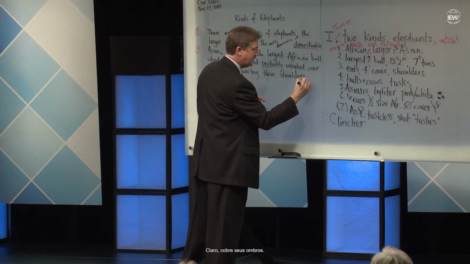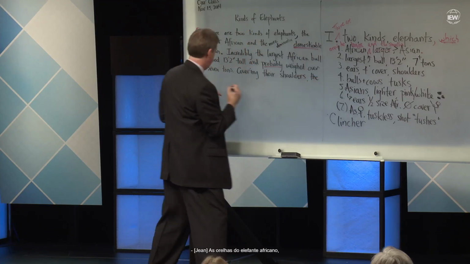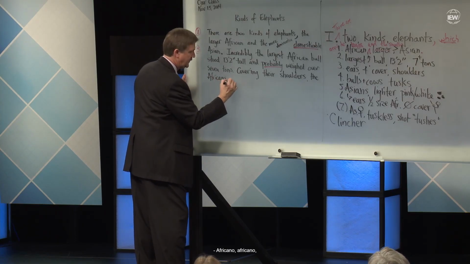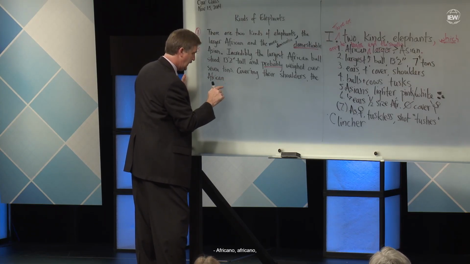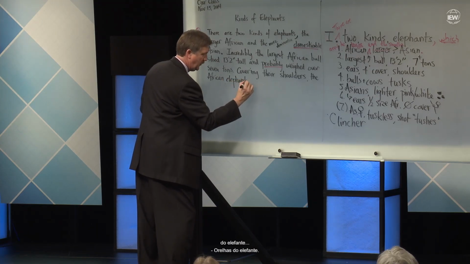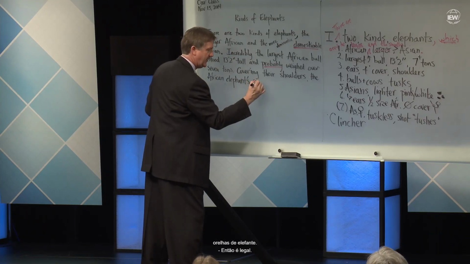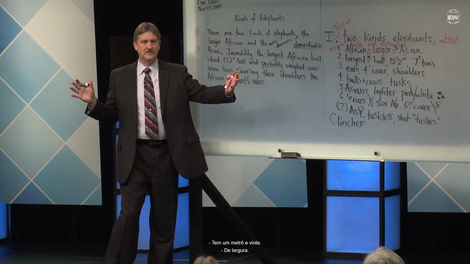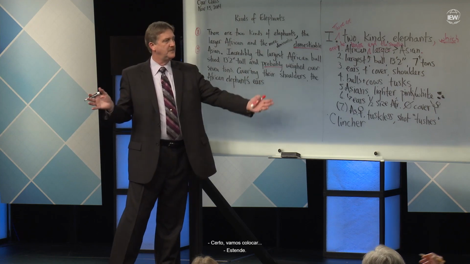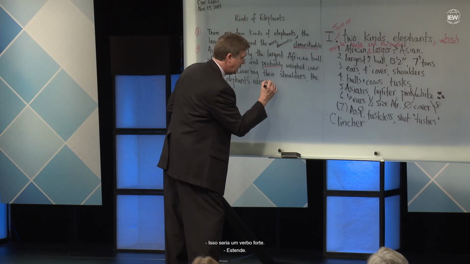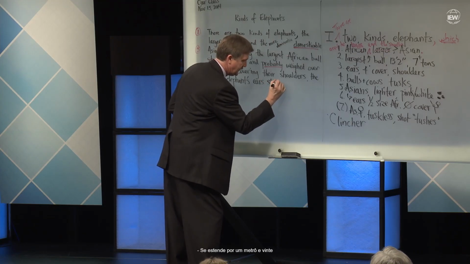Okay, covering their shoulders, the African elephant's ears, so it still fits the ING. So possessive, elephant's ears. So it's legal. Yes. Are 4 feet wide. Okay. Span. Stretch. That'd be a strong verb.